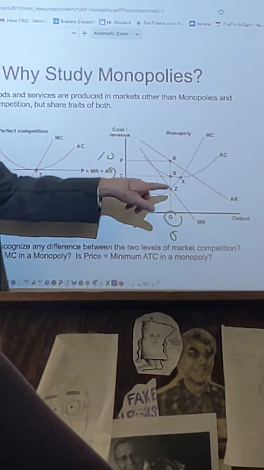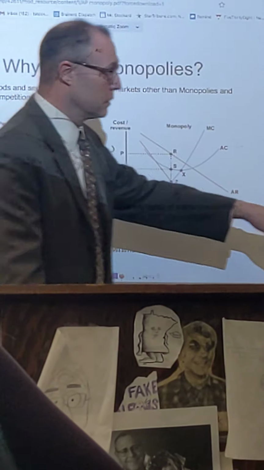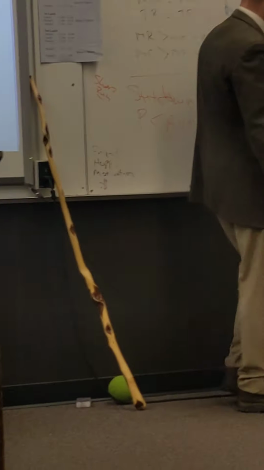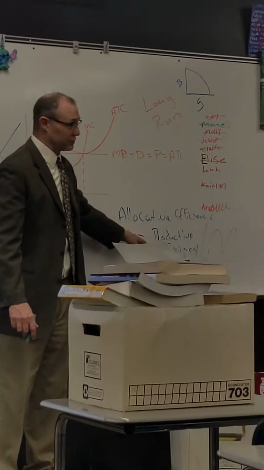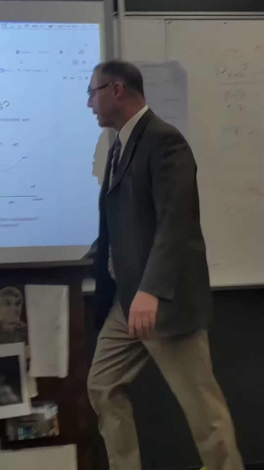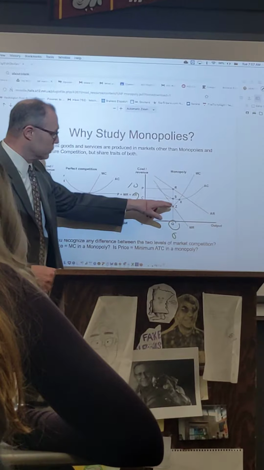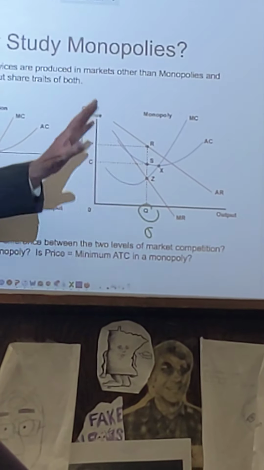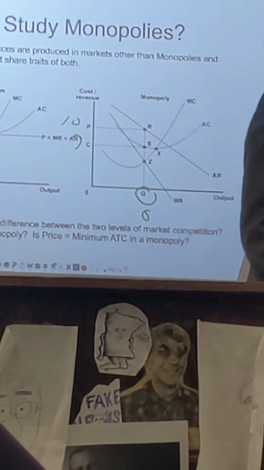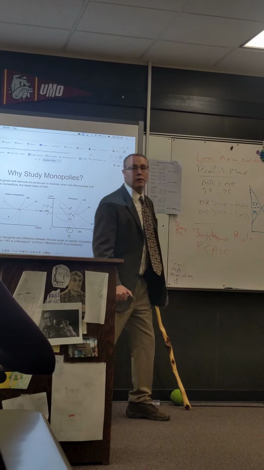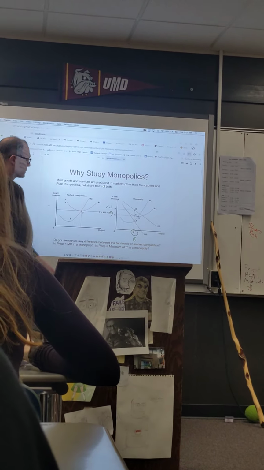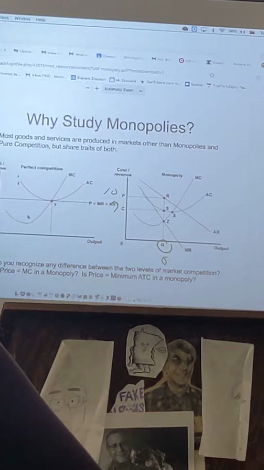Price is greater than the average total cost. So we don't have what? We don't have productive efficiency. What other thing is going on? Price is greater than the marginal cost. We're not getting allocative efficiency either, are we? Not at all. So that's why we compare the two items.